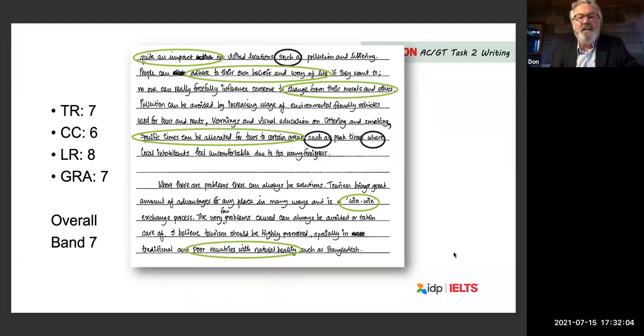Change from their morals and ethics. Specific times can be allocated for tours to certain areas. A win-win exchange. Poor countries with natural beauty. These are very good. This is a good range of vocabulary, all spelt correctly. This is why this essay gets a high score for Lexical Resource.